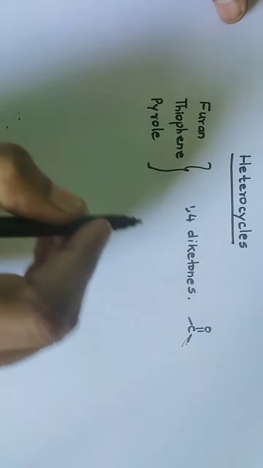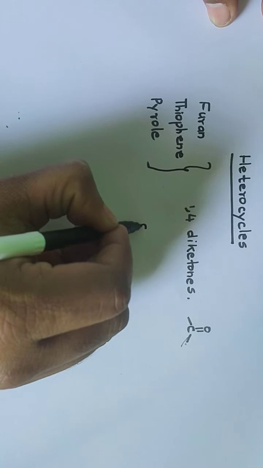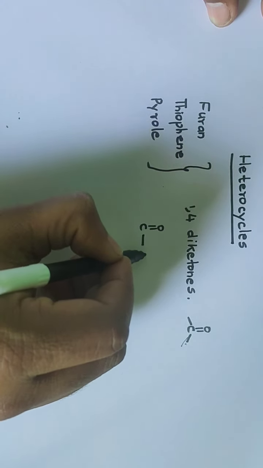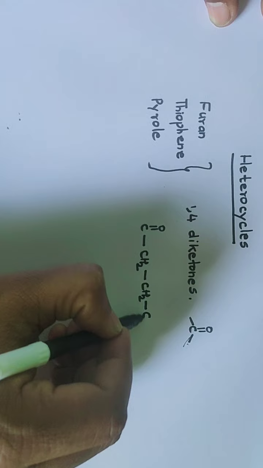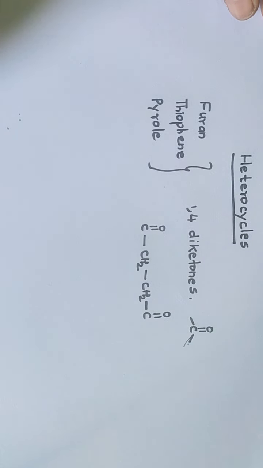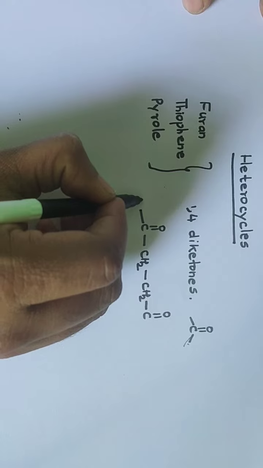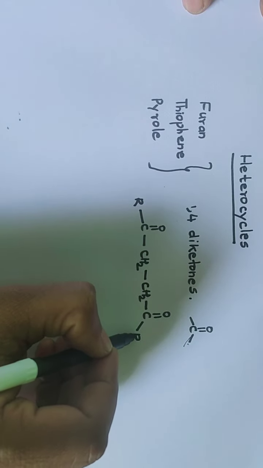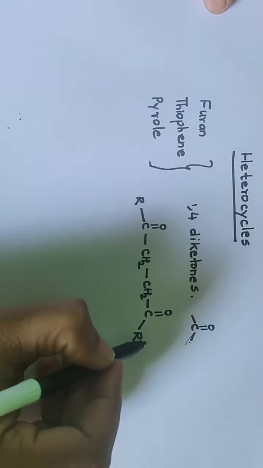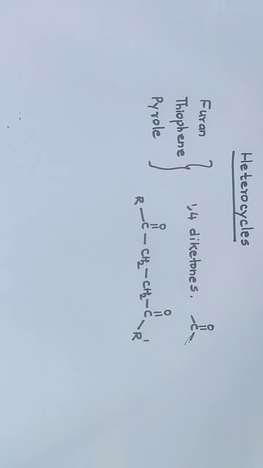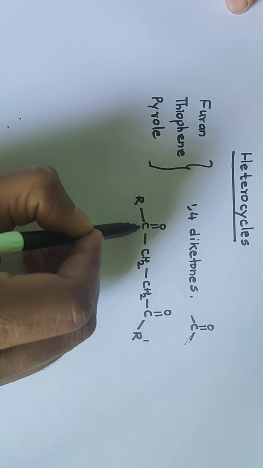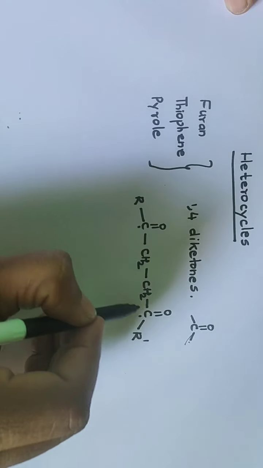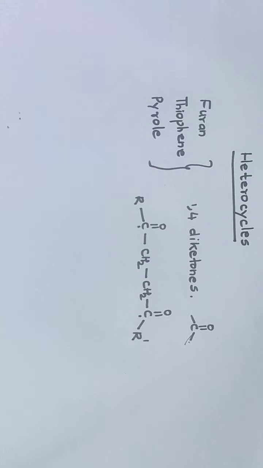An example of a 1,4 diketone: C double bond O, then CH2 group, CH2 group, C double bond O. Here the alkyl chain, whatever it may be, CH3, C2H5, may be the same or may not be the same, no problem with that. Now R dash is what I can write. This is the first ketonic group, so 1, 2, 3, 4, on the fourth carbon there is another ketonic group. So these compounds are called 1,4 diketones.